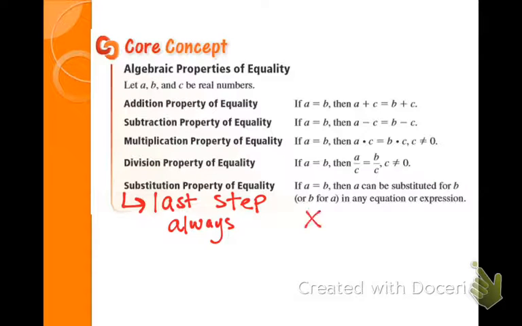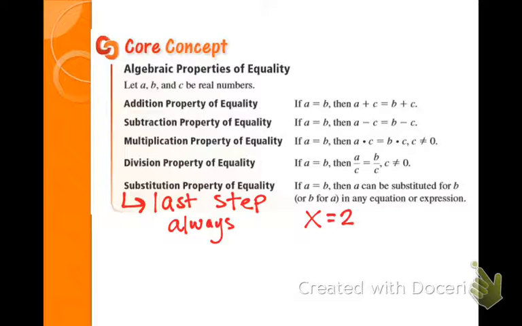Anytime you get down to x equals 2 or x equals -8 or a equals whatever, that is your substitution property, meaning 2 could be plugged in for x and any other variation of that.